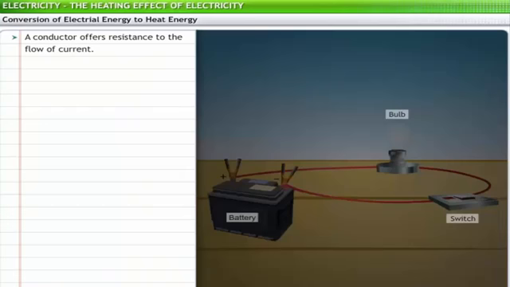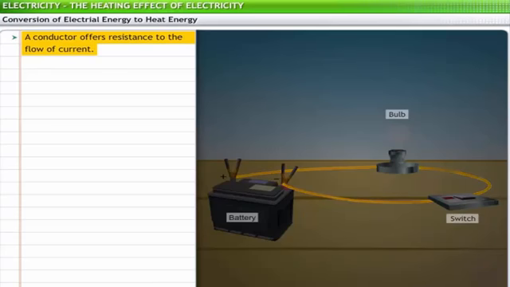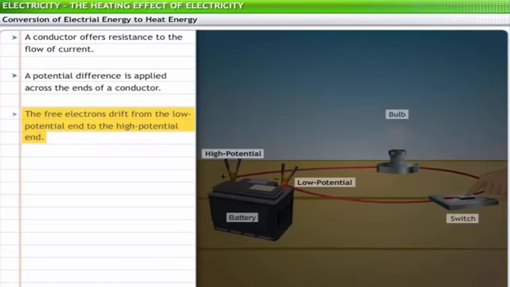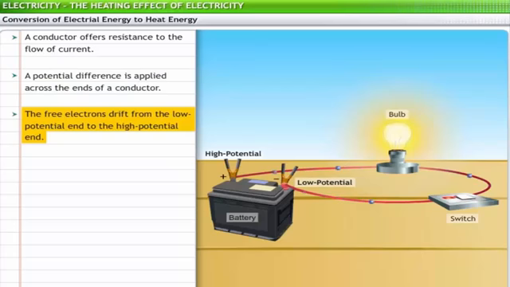How does the electrical energy of current get converted into heat energy? Every conductor offers resistance to the flow of current. When a potential difference is applied across the ends of a conductor, the free electrons in the conductor start drifting from the low potential end to the high potential end.